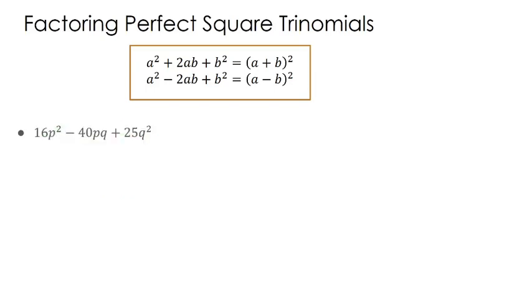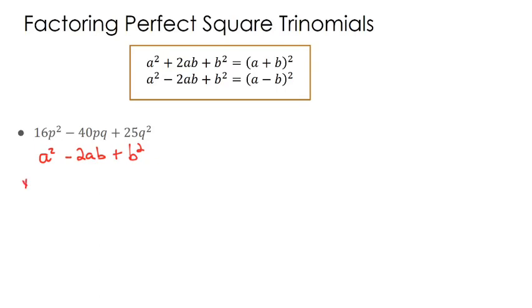All right, in these examples, we're going to do a few more. These are very similar, so this would be a problem where you can look and try to match it to these. And you can see once again we've got the difference, okay? And so I'm going to just write our recipe right below it. So we have a squared minus 2ab plus b squared.